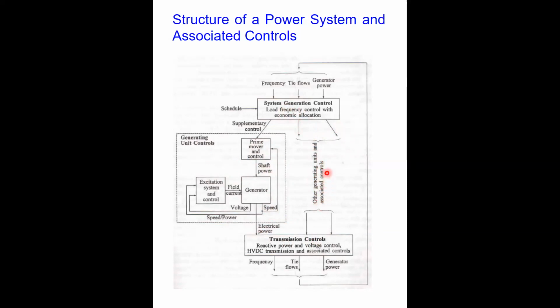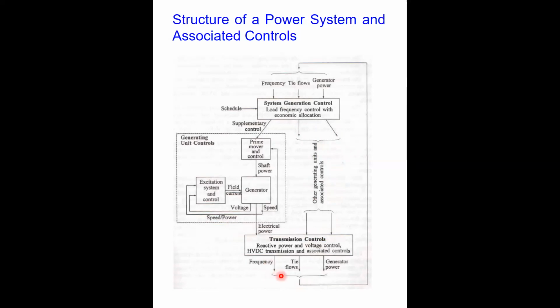So that means you have the power fed to the transmission network from several other power plants in the network. So when we have interconnected systems, let's say you have two different areas interconnected through a tie line.